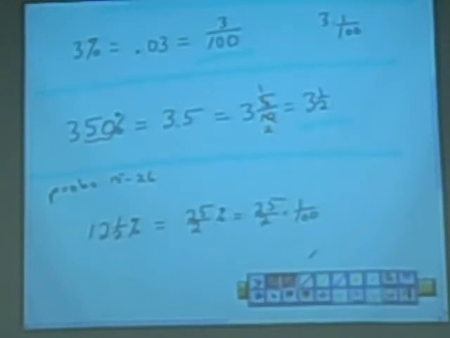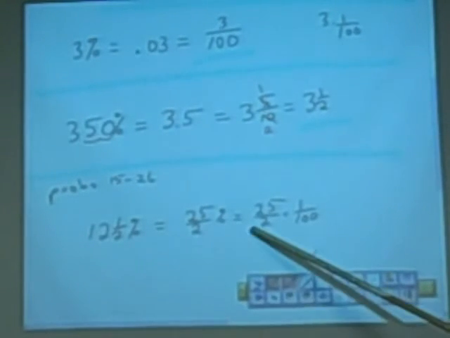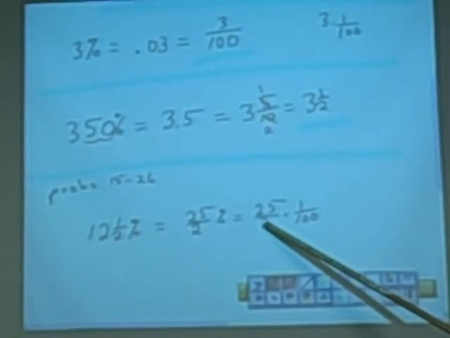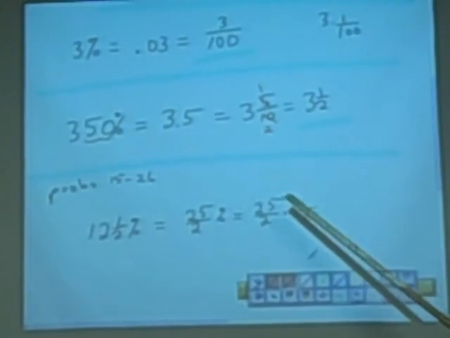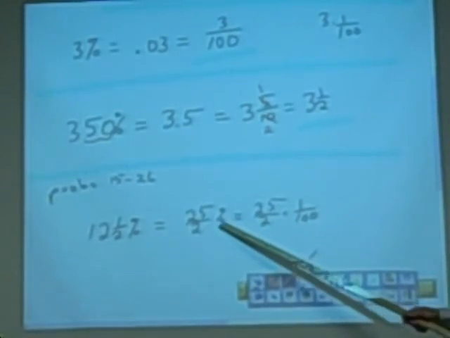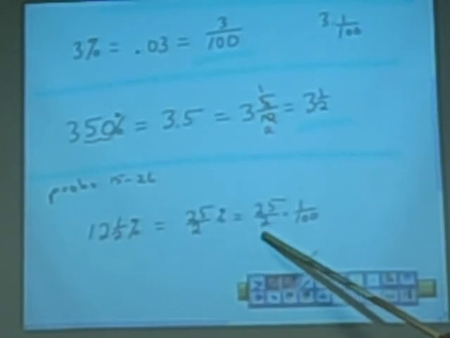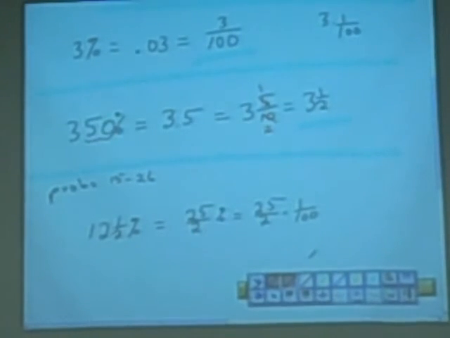But here, we have this 2 in the denominator. So it's not like we can say 25 over 100 because of the 2 in the denominator. So instead of multiplying them together, let's see if we can simplify that. Well, can 25 go into 100? Yeah, it can. 4 times, right? 25 goes into itself once.